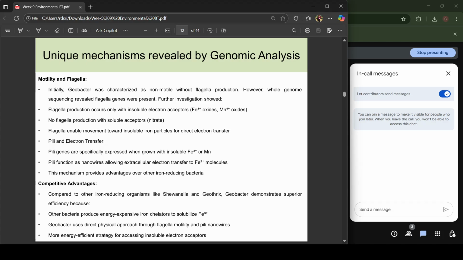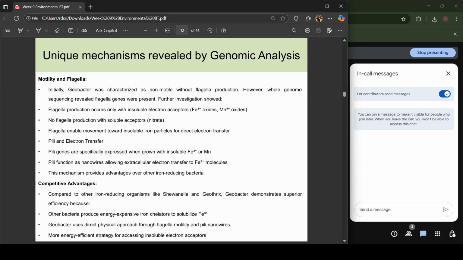This is one of the interesting findings in environmental biotechnology, because initially people were only seeing the functional elements, like whether a protein is expressed. But with the study of the genetic makeup, it was found that the genes for flagella were present.